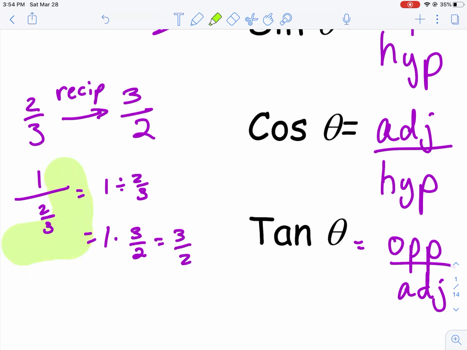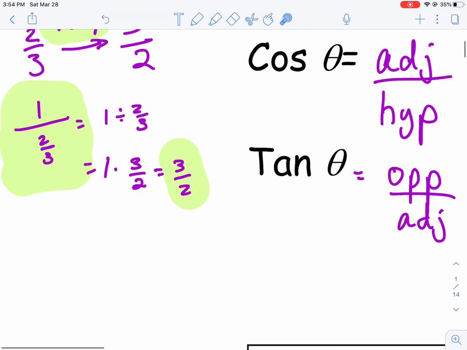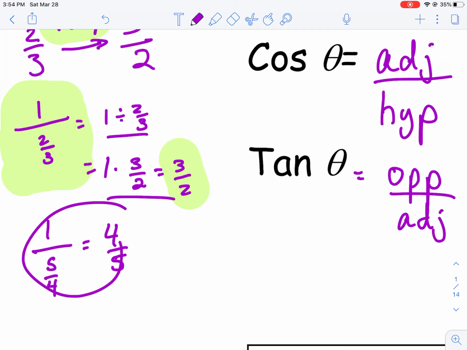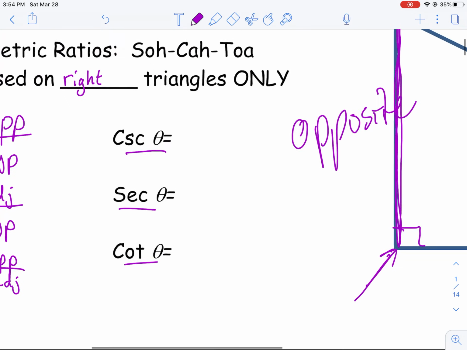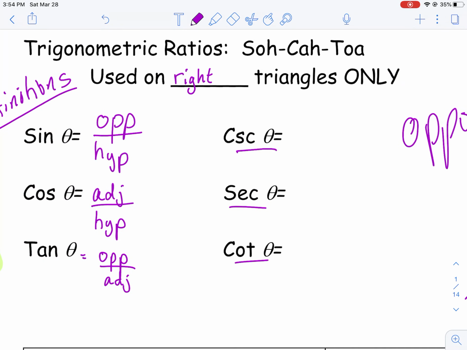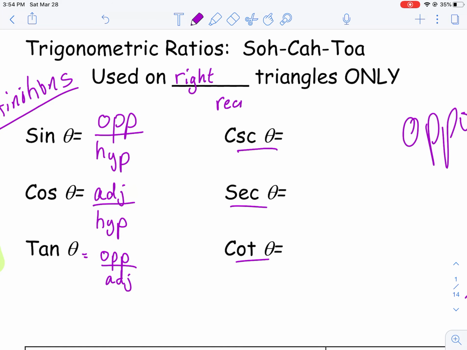Now check this out. Notice 1 divided by 2/3 is equal to 3/2. And so we see another way of looking at the reciprocal is by taking 1 divided by that number. Let's try it with another number. Let's take 1 divided by 5/4. You can go through this process and you'll see the answer is 4/5. And this is important because we're going to see over here that cosecant, secant, and cotangent are reciprocals.